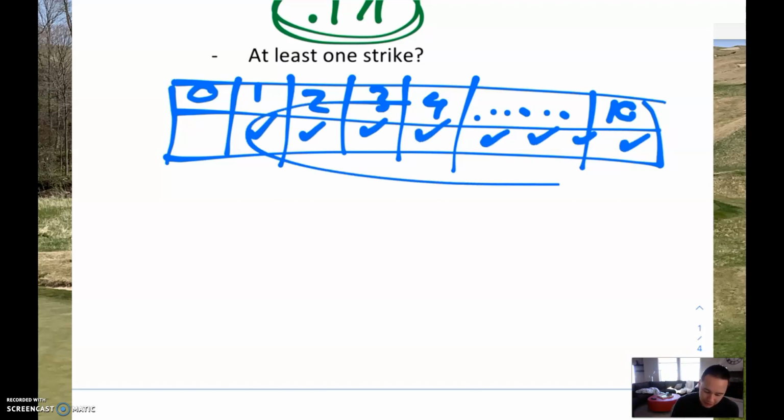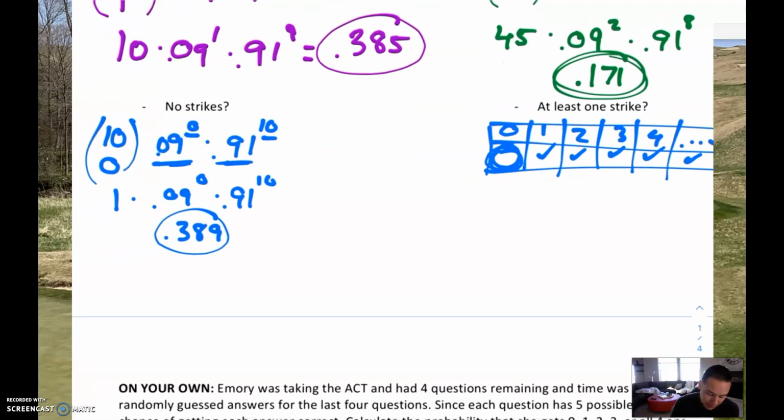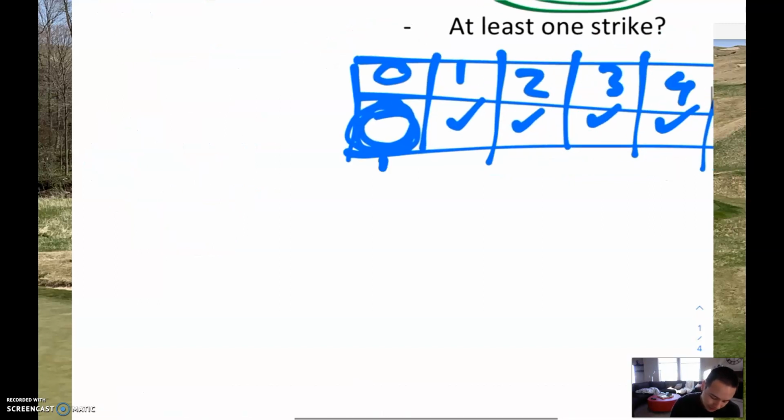And you don't want to calculate all of these probabilities individually. It's much easier to just calculate this one and subtract from 100% or subtract from 1. So we already found that the probability of her getting no strikes was 0.389.